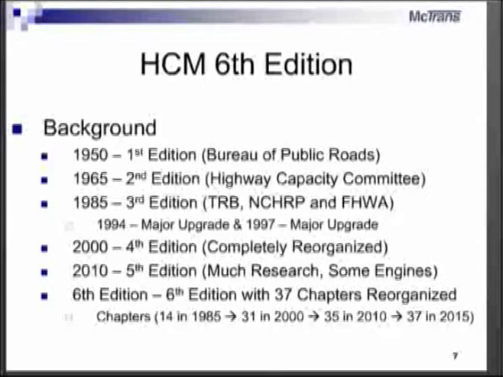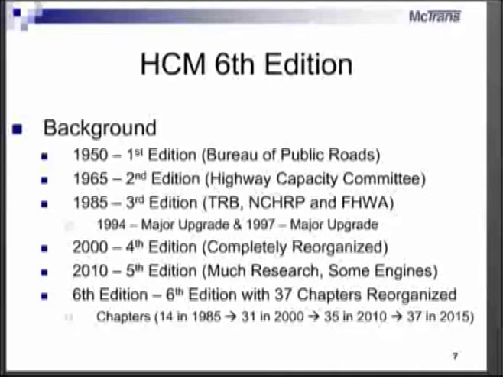We had major upgrades in 1994 and 1997, and then a new manual in 2000. Completely reorganized, completely redone, lots of new procedures then as well. Then 10 years went by before the 2010 manual came out. Again, every time the manual was updated, it got bigger and more complicated, and that's true all the way until the 6th edition coming this summer.